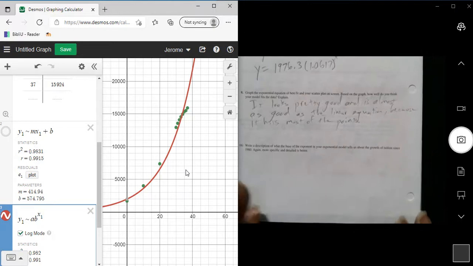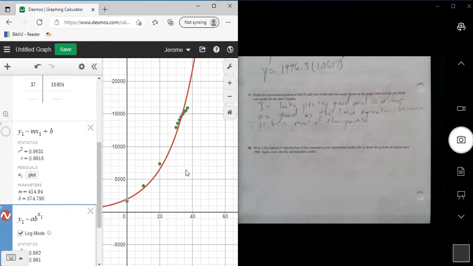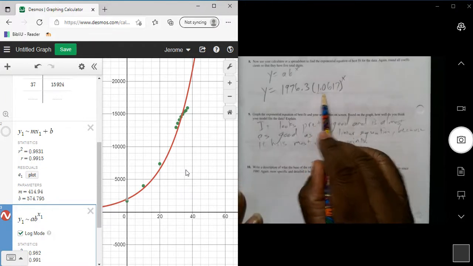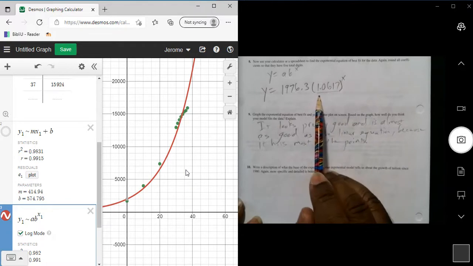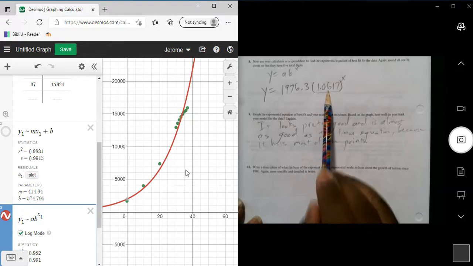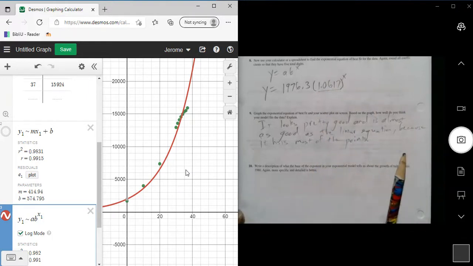Now, we come here to number 10. It says, write a description of what the base of the exponent in your exponential model tells us about the growth of tuition since 1980. Okay, if you look here, this is the base here. Now remember, to find out the percent that it grows by, we have to subtract 1 here, and it's really like 6.17%.